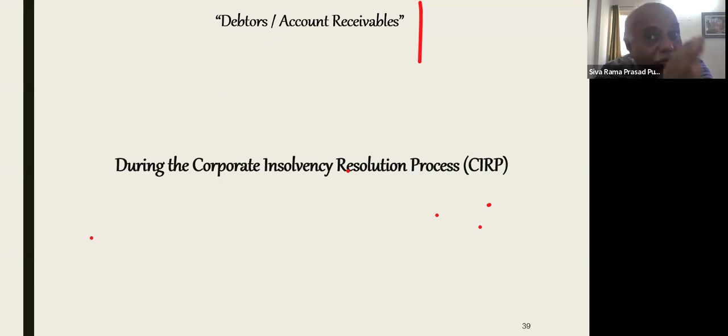They have taken the account receivables, so why not recover that amount? That is also one good opportunity for a source of income to the company. So the IRP or RP should keep it in mind. For that purpose only this class.